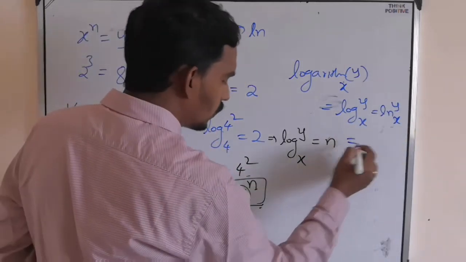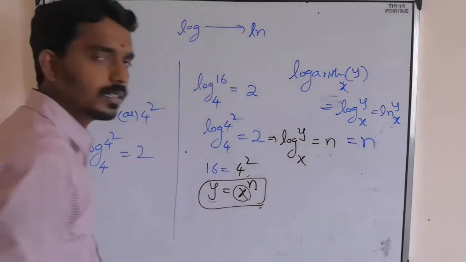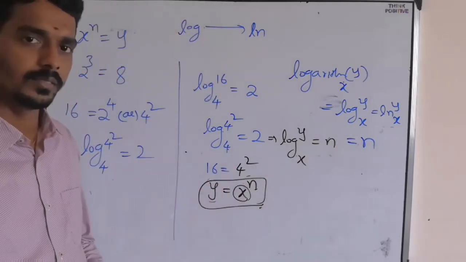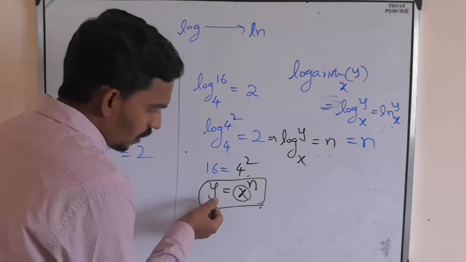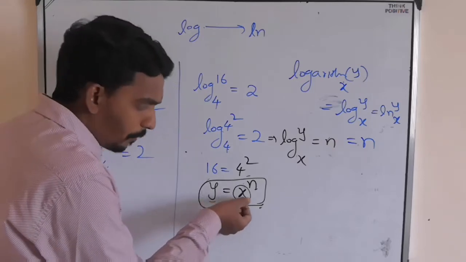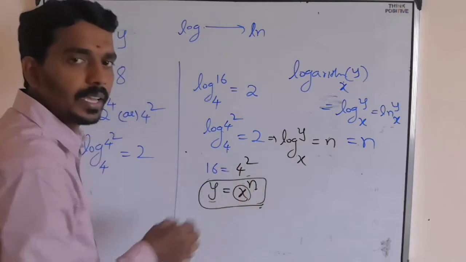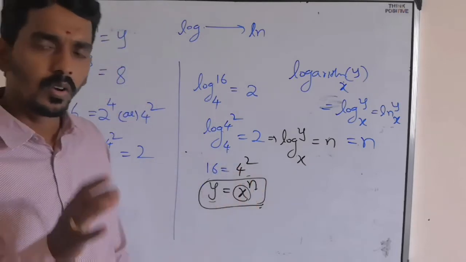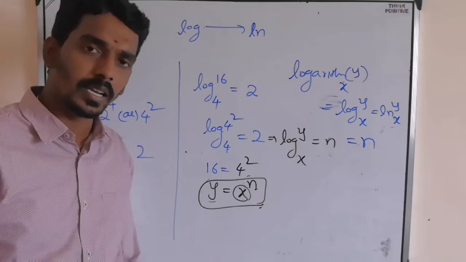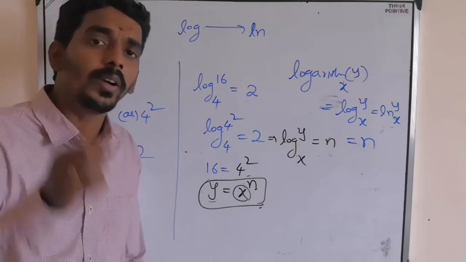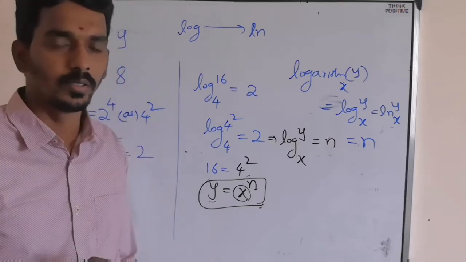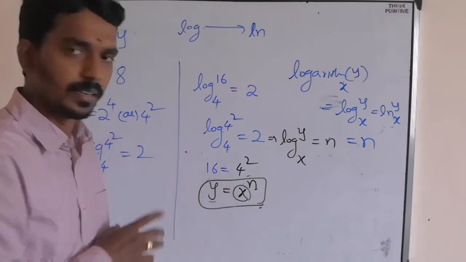That answer is equal to the power, how much? n. So log y with respect to base x equal to n. So logarithm is a function to remove the exponent.